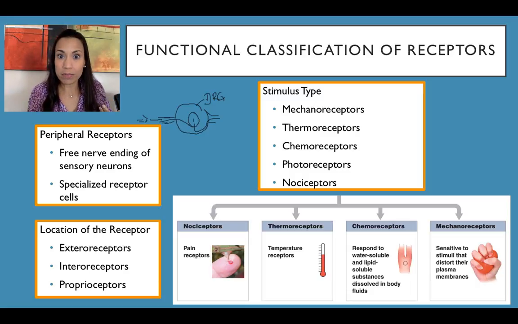Same thing with temperature. Now, these nociceptors are present on the surface of the skin, but we also have nociceptors in our viscera, except the central nervous system and your lungs. And maybe other organs.